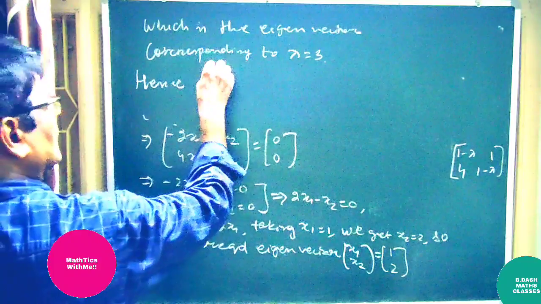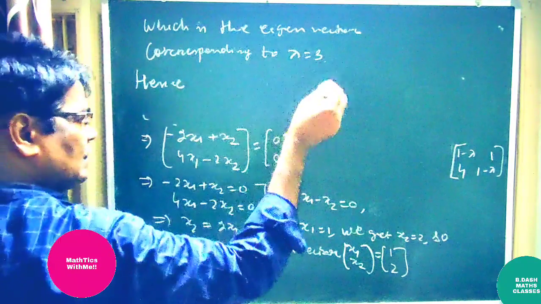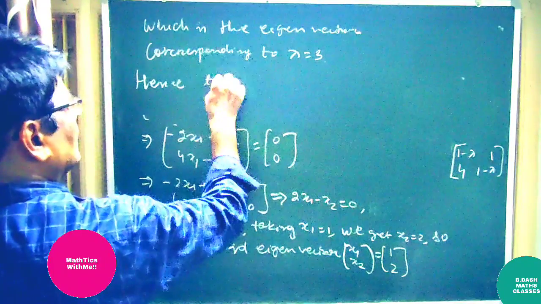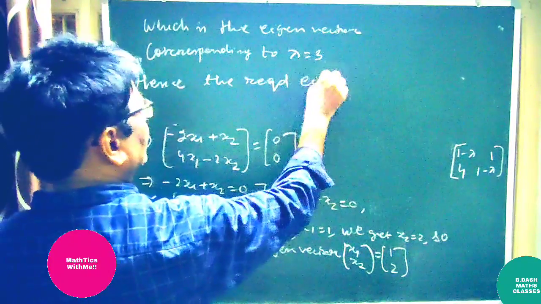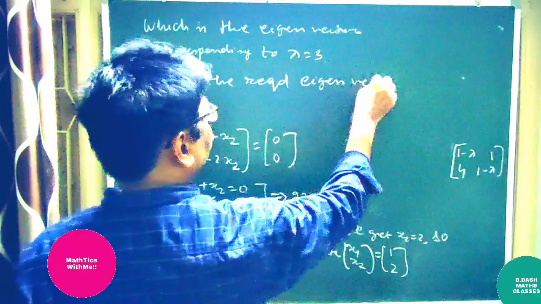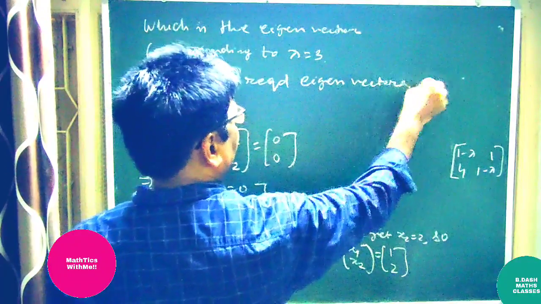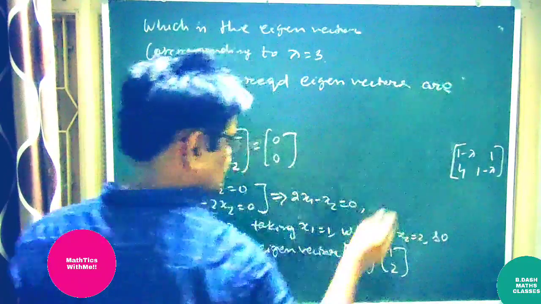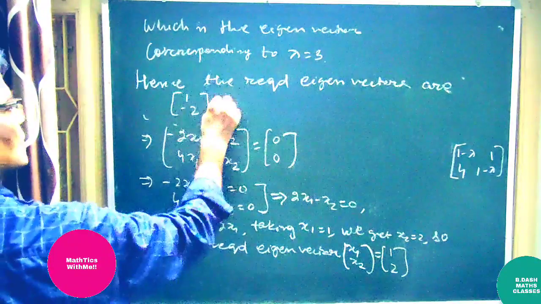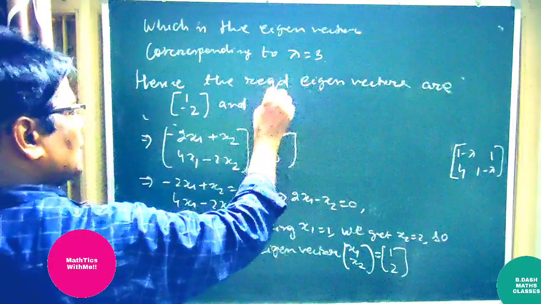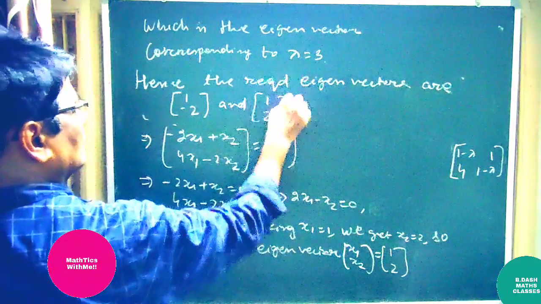Hence the required eigenvectors are [1, minus 2] and [1, 2].